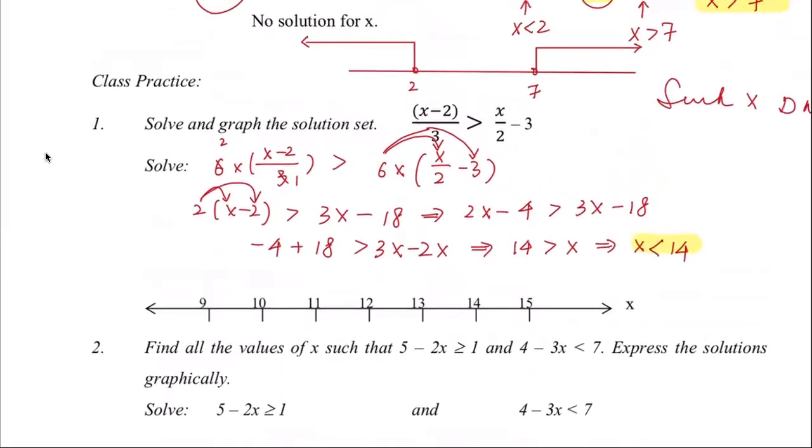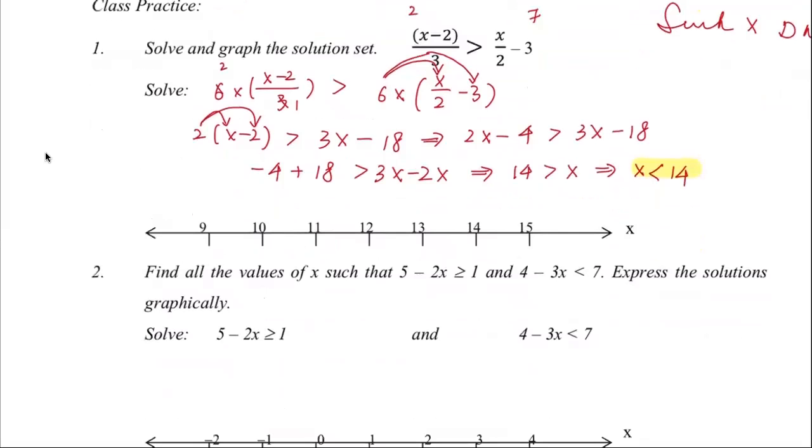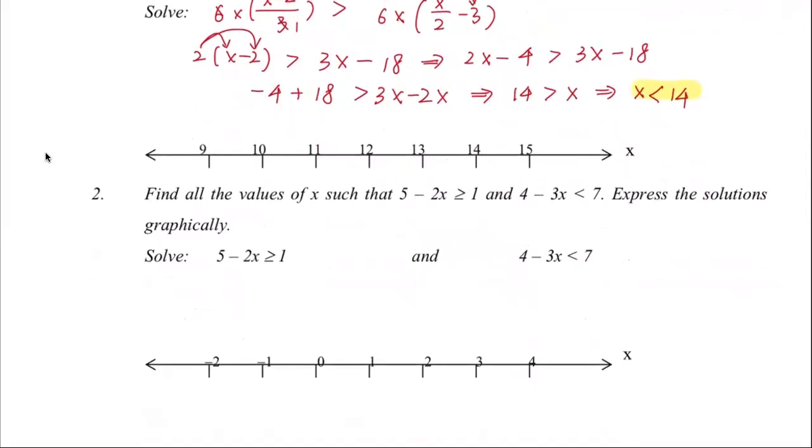Okay, and now we need to graph it. First of all, we need to find the boundary point, right, which is 14. So we found the boundary point here, this one. Now we need to see whether there is the equal sign. So whether the sign is this or this, because these two different signs indicate different things, right?